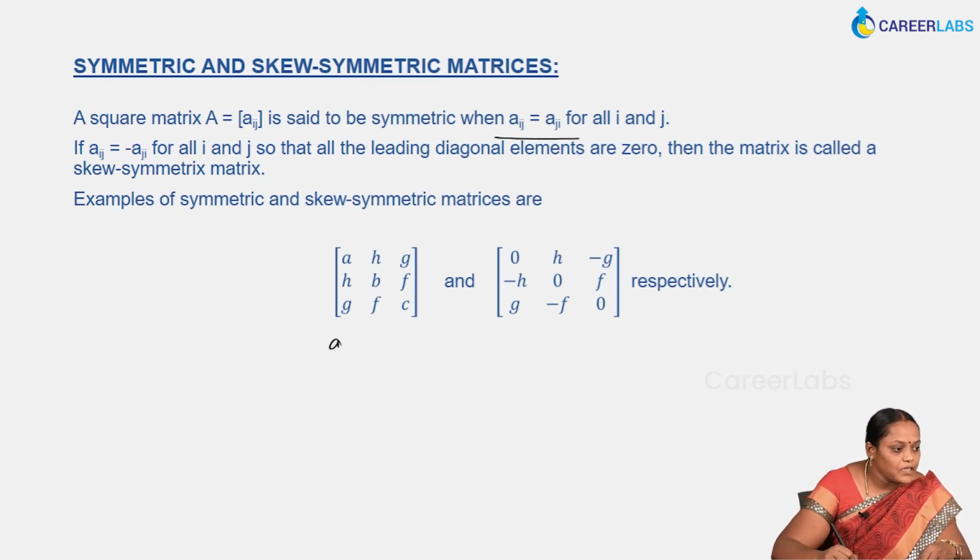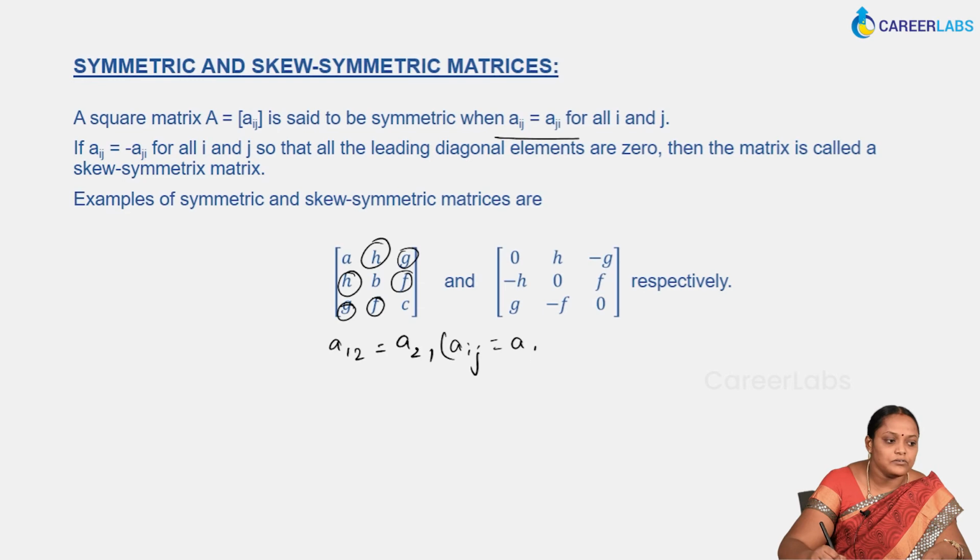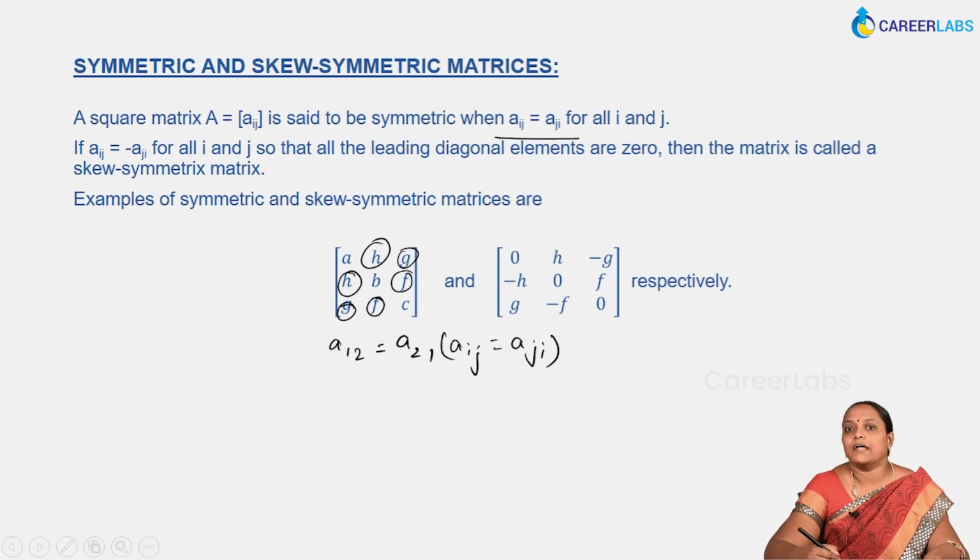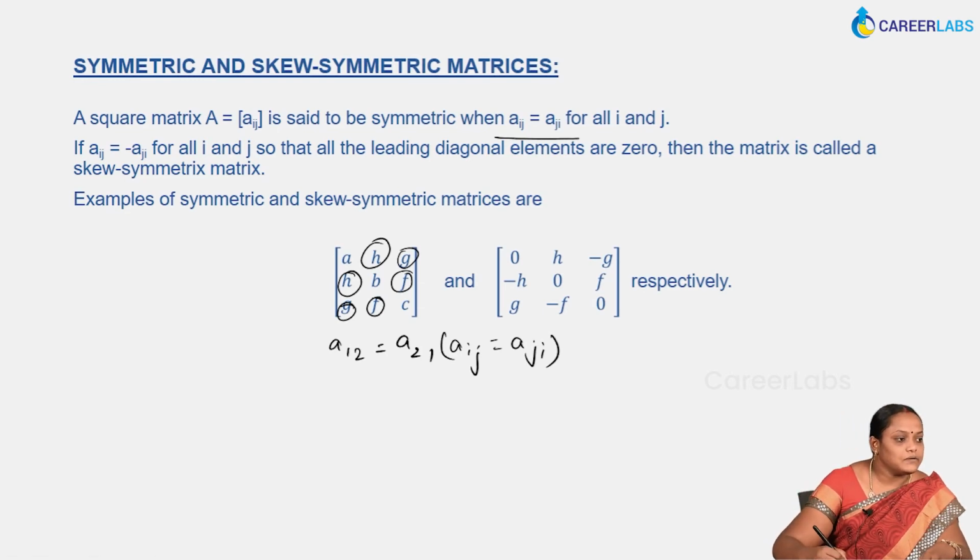A12 is equal to A21, that is first row second column equals second row first column, and similarly these two elements should be equal and these two elements should be equal. That is simply saying Aij should equal Aji. Then we call the matrix a symmetric matrix.